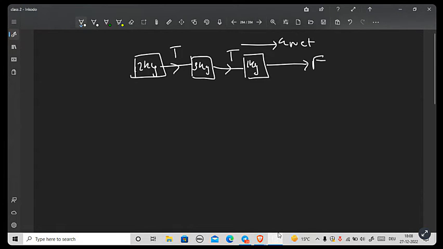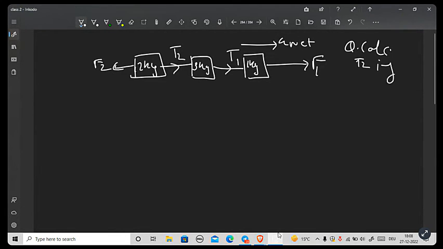What you have to calculate in this case is, if I say this is T1 and this is T2, the simple question is to calculate T2. This is F1 and this is F2.